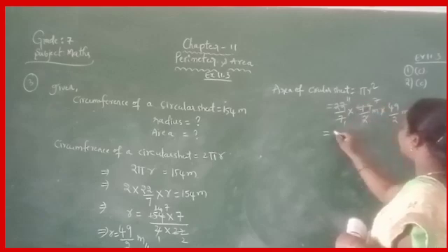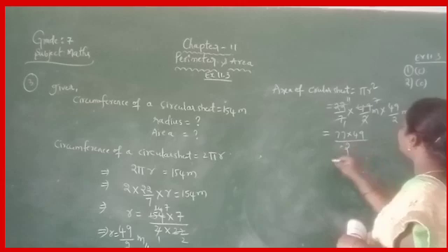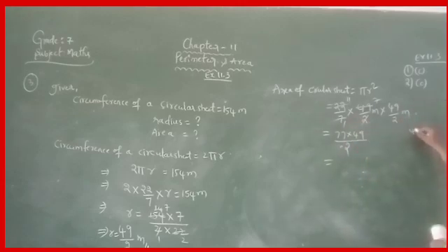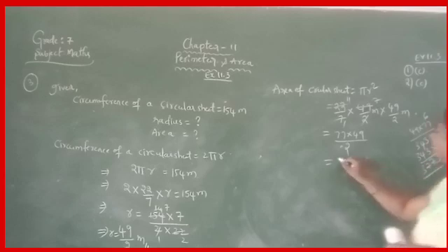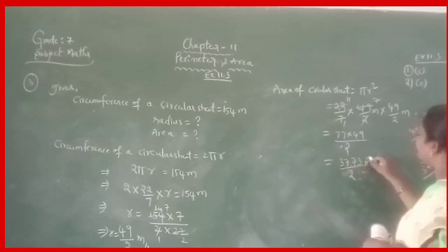Then 11 into 7, 77 into 49 by 2. In the previous problem we solved this same one. 49 into 77: 7 nines are 63, 7 fours are 28 plus 6 is 34, then 343. Then the total is 3773 by 2 meter square.